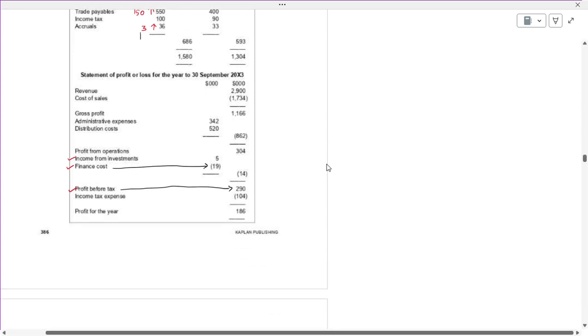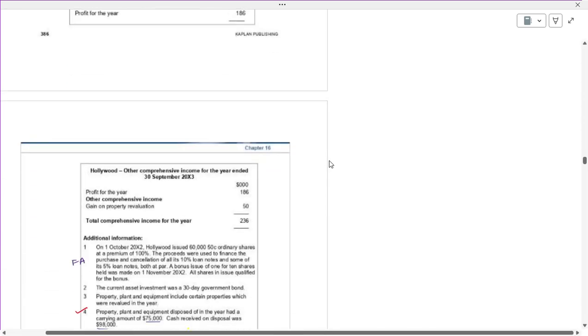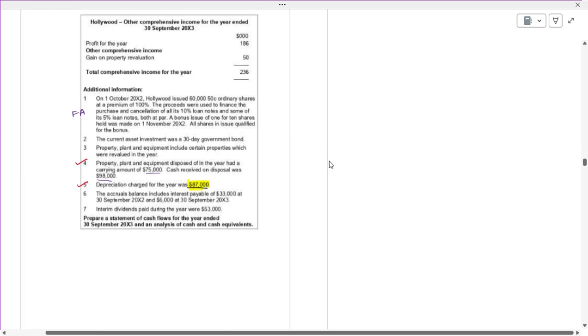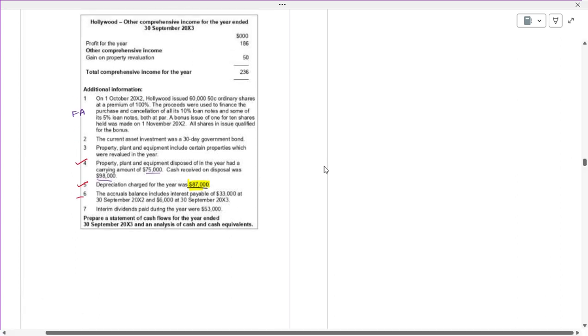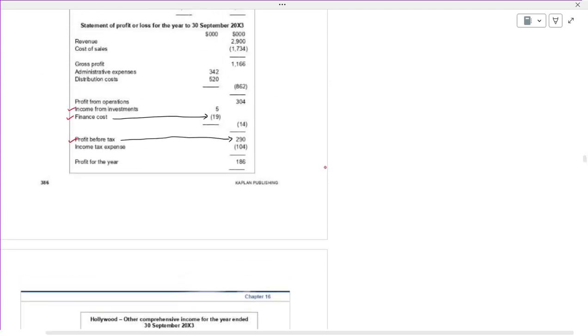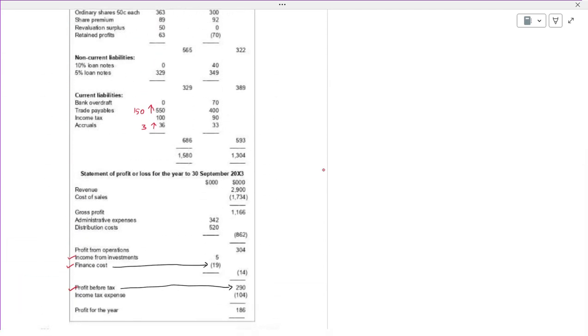Accrual is an outstanding item. See, they have given something about accruals here, in point number 6.